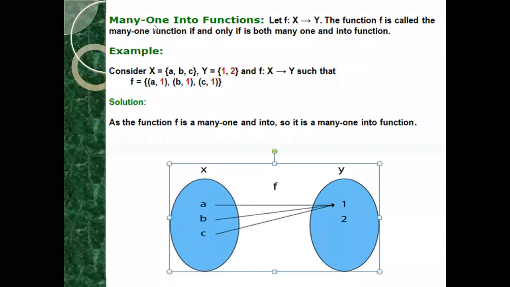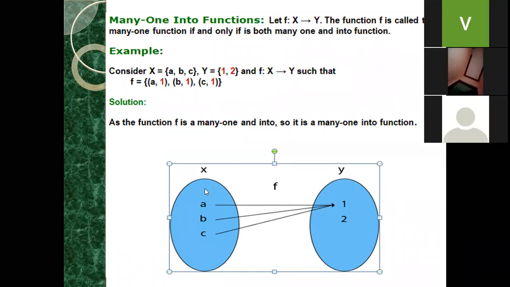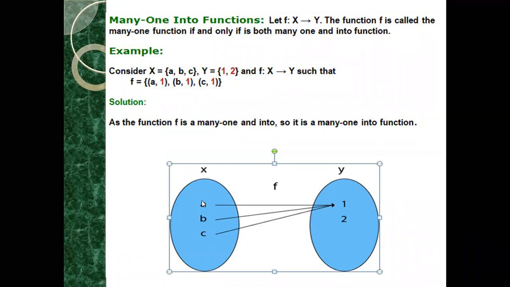Next definition, many to one into functions. Into function means an element of the codomain doesn't have a pre-image in the domain. Many to one means different elements of the domain have the same image in the codomain.